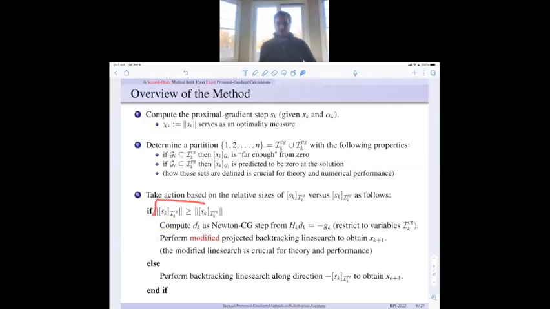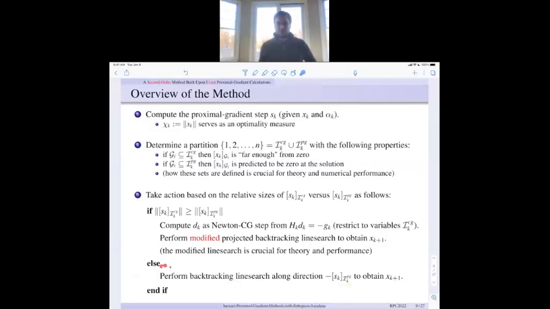If this inequality fails to hold, then it's telling you that this is a larger quantity, which means those correspond to the groups of variables that you think are supposed to be 0 at the solution. So in that case, we just perform a standard backtracking search along the negative proximal gradient step restricted to those variables that are predicted to be 0.